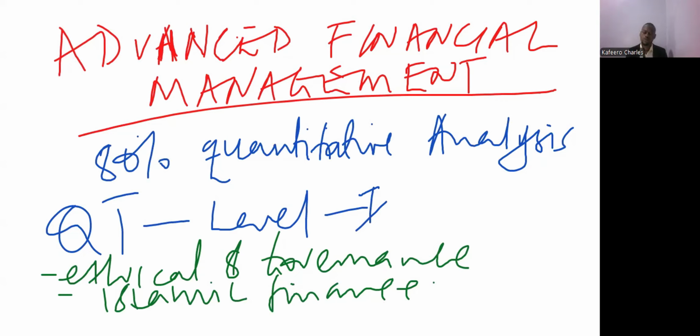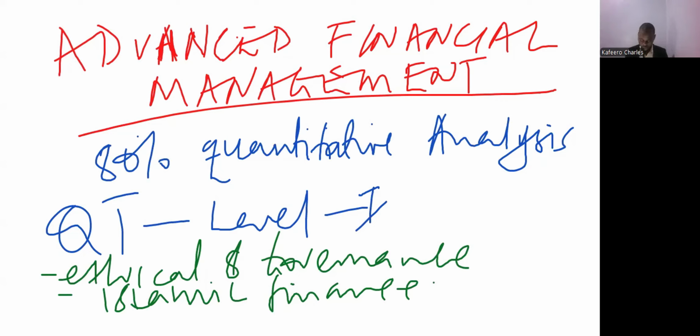You are supposed to combine the information you got on financial management on level 2 with the information we are going to get from level 3, because it is just an advanced aspect of what we cover under financial management on level 2. So we have ethical and corporate governance, and we have Islamic finance. Those are some of the theoretical aspects that we have.